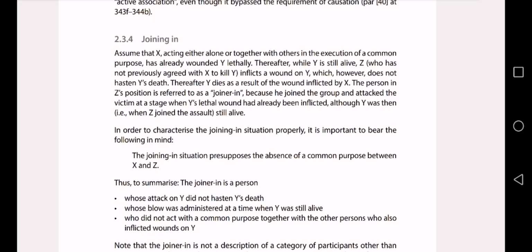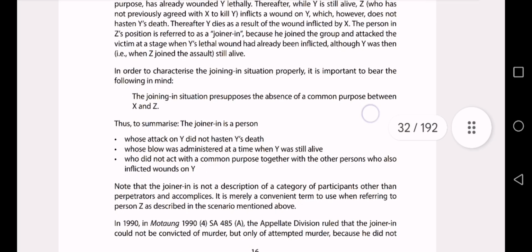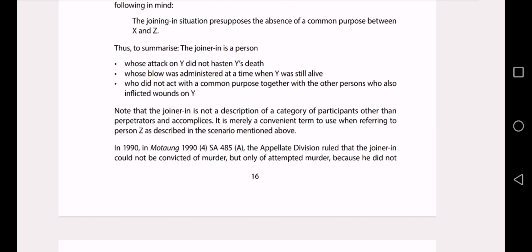The joining-in situation presupposes the absence of common purpose between X and Z. Thus, to summarize, the joiner-in is a person who attacked Y, did not hasten Y's death, whose blow was administered at the time when Y was still alive, and who did not act with common purpose together with the other persons who also inflicted wounds on Y. Note that the joiner-in is not a description of a category of participants other than perpetrators and accomplices.